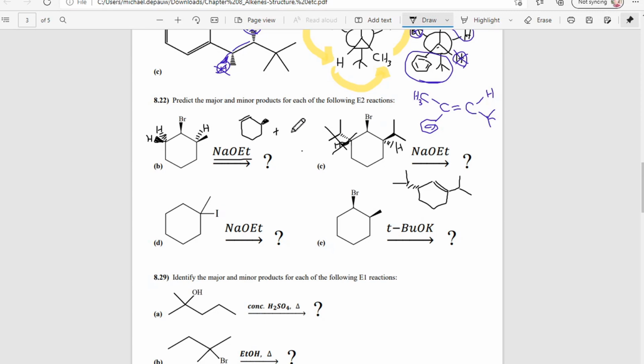The other product would have the double bond over here, and it would be tri-substituted. A tri-substituted alkene is more stable than a di-substituted alkene, and so this one over here would be the major.